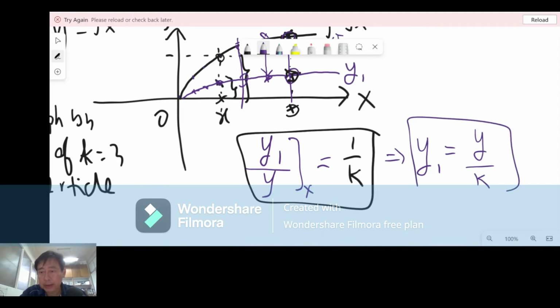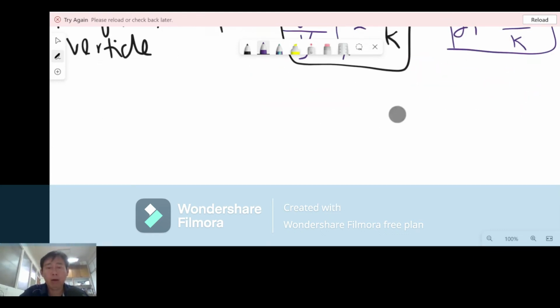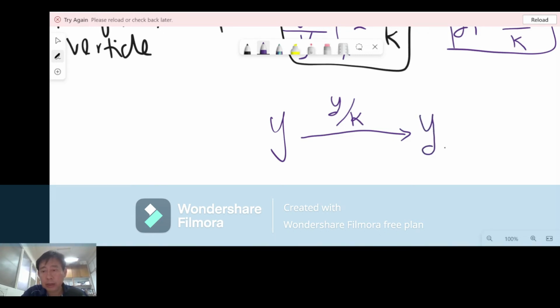That is to say, if you take an original function y and you replace all the values of y by y over k, then this operation will result in a new function y2, and you write this as y over k.